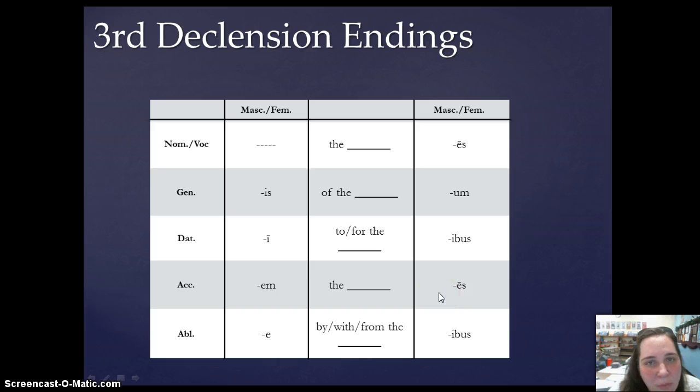Now, I already want to point out some things to you so that you do not get confused. You should always be memorizing the full dictionary entry of all of your nouns. And one of the reasons why this is so important is because you need to know what declension this noun is in, especially if you find that the ending is "um." Because now you know that for a third declension noun, a "um" ending is genitive plural.